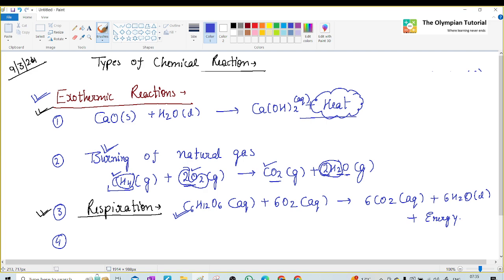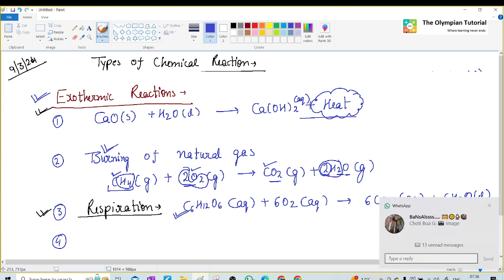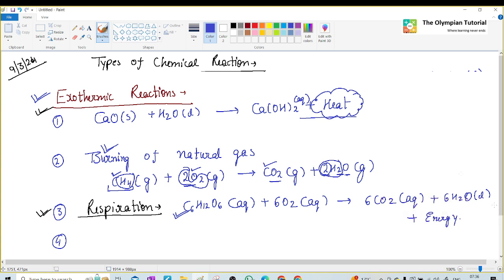The decomposition of vegetable matter into compost is also an example of an exothermic reaction.